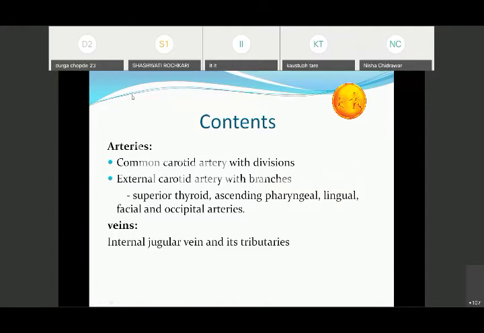So the artery, very important: the common carotid artery with its division, that is external carotid artery and internal carotid artery. External carotid artery with its branches, that is superior thyroid, ascending pharyngeal, lingual, facial, and occipital.